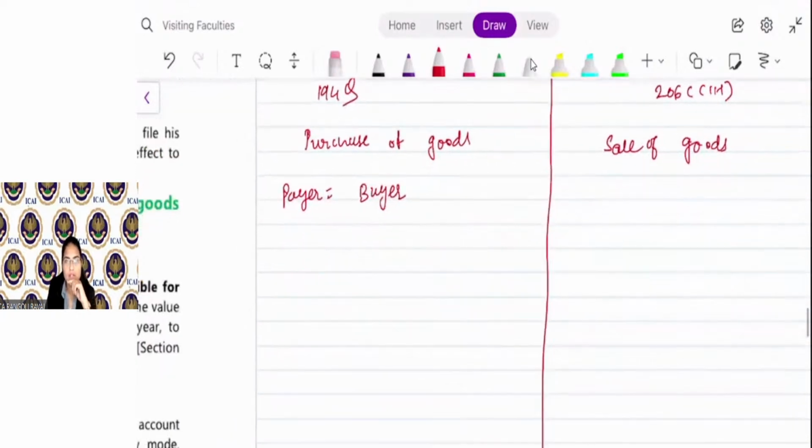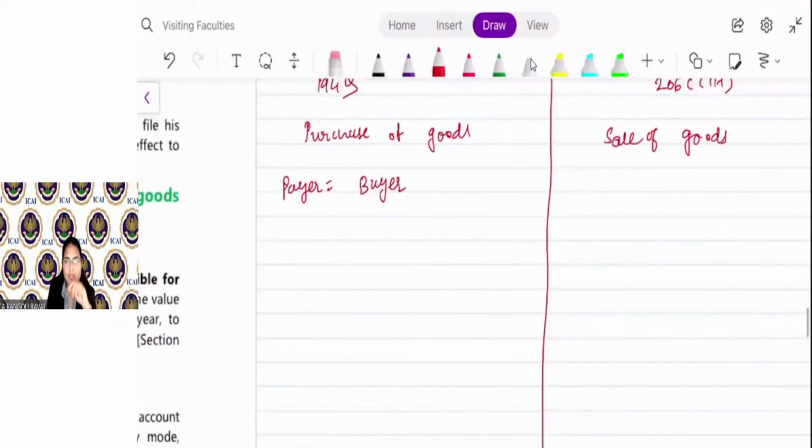Now, under 194Q, if you are a buyer and you are purchasing any goods from seller, the threshold limit is 50 lakhs.